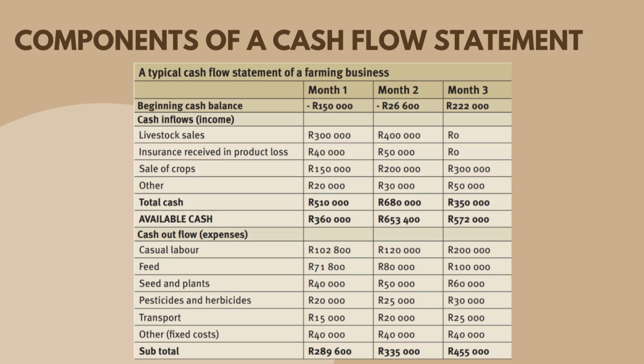Then we've got the cash outflow, which are expenses. Now, this basically includes the money that you have used, the money that is going out of the business now. So this can include the payment of casual labor, and also feed, seed, plants, pesticides, and herbicides, transport, and also other fixed costs, right?